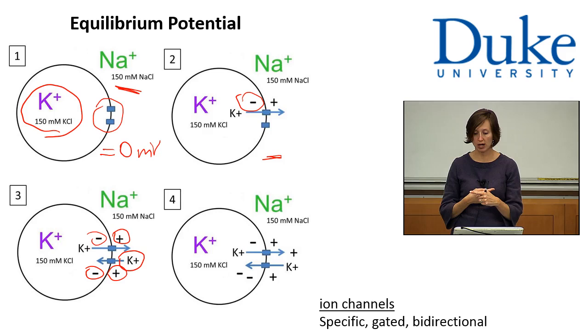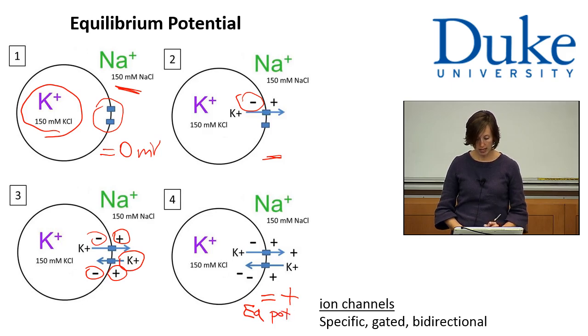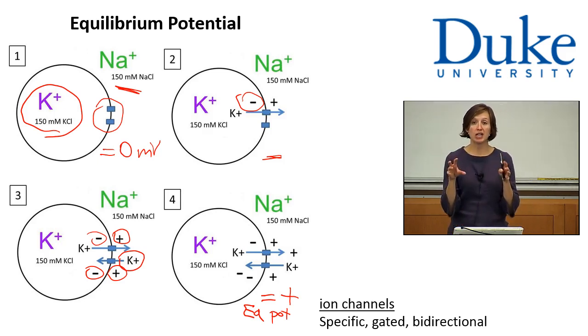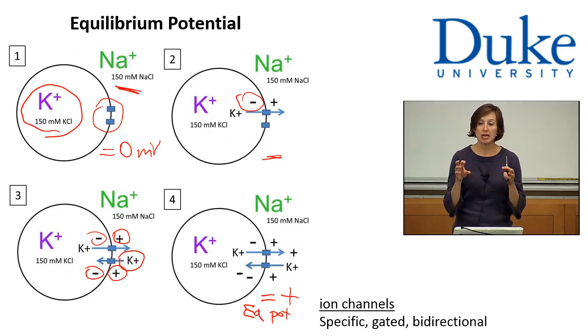the chemical gradient. And so the membrane potential at this state in step 4 is going to be positive, and it's going to be the equilibrium potential for potassium. So what that number is in millivolts is it's going to be a negative number.